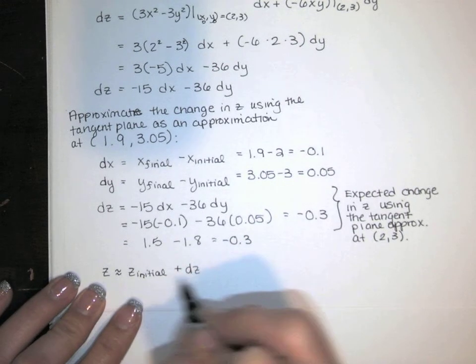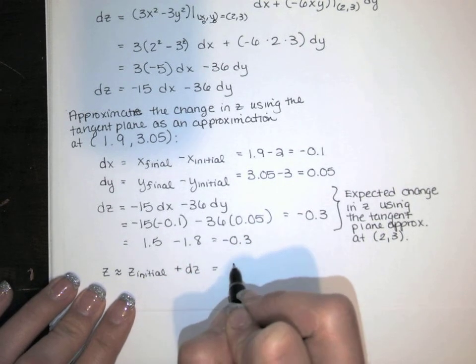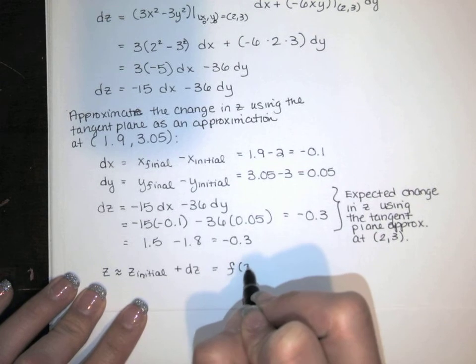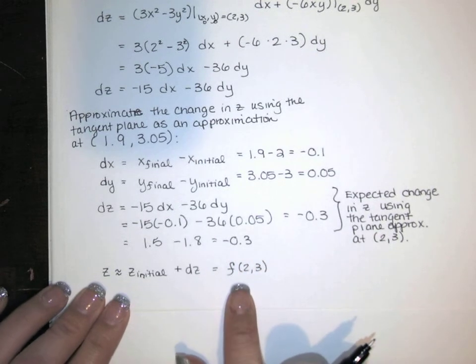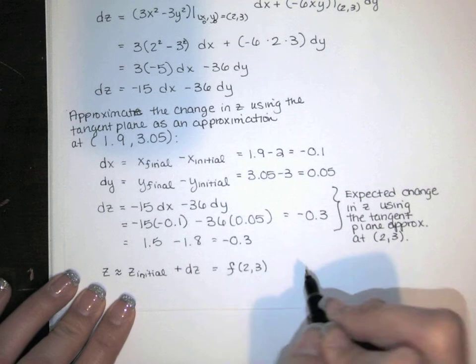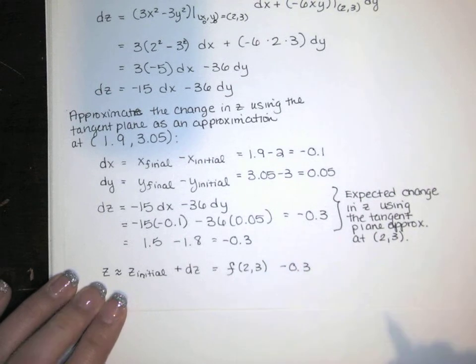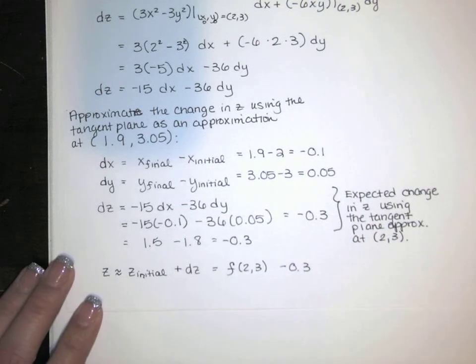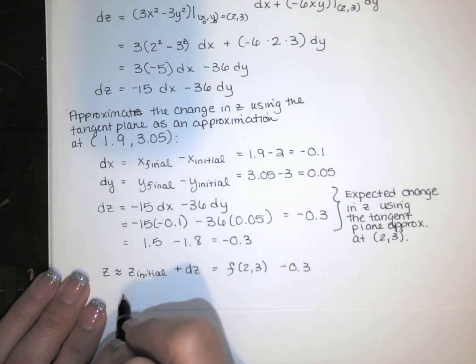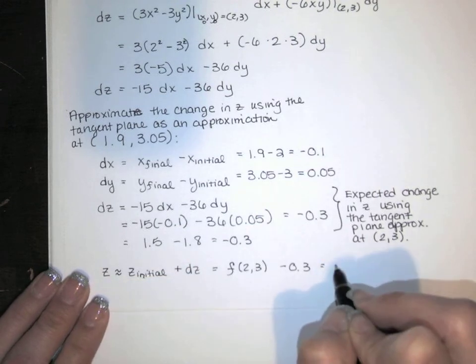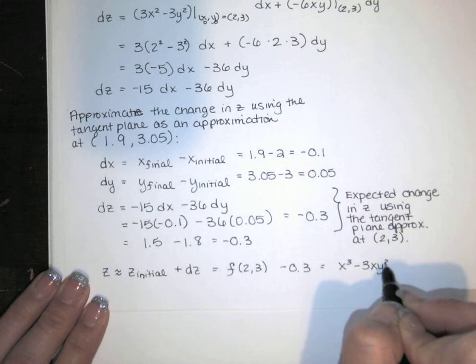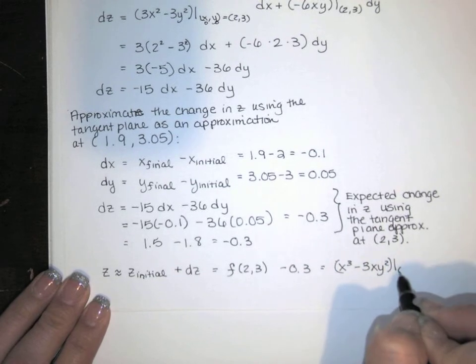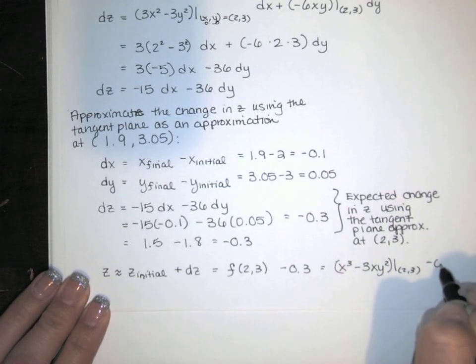So my initial z-value is my function evaluated at the point 2, 3, because that's my base point. That's where I've drawn my tangent plane. And then I want to take that value and subtract 0.3. Now the function this time was x cubed minus 3 times x times y squared. So we want to evaluate that at 2, 3 and subtract 0.3.